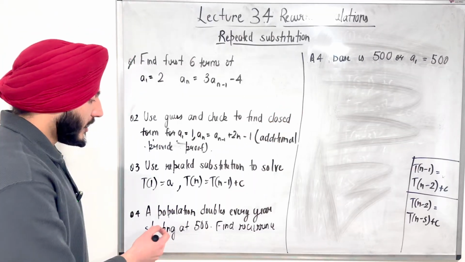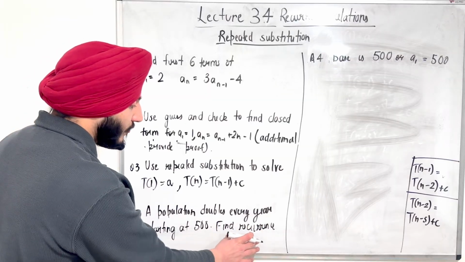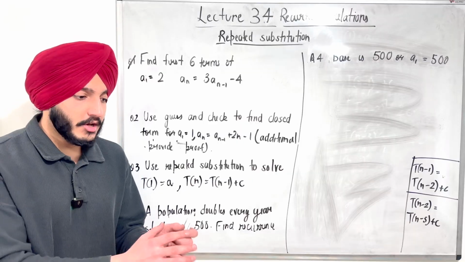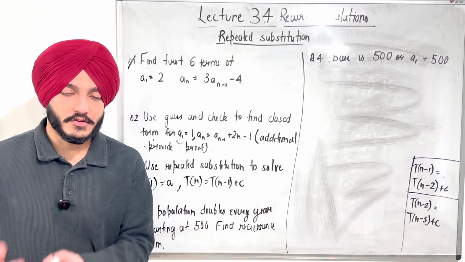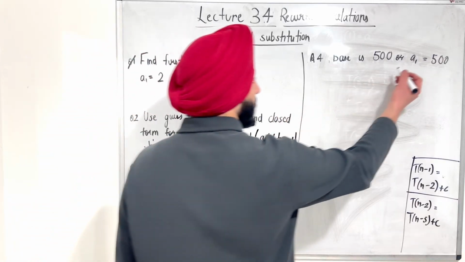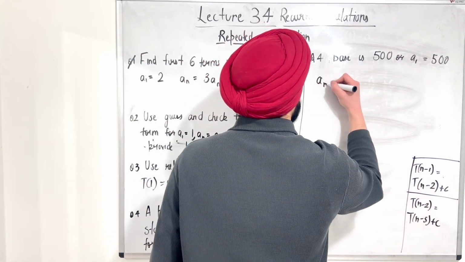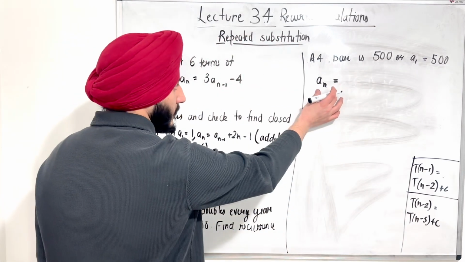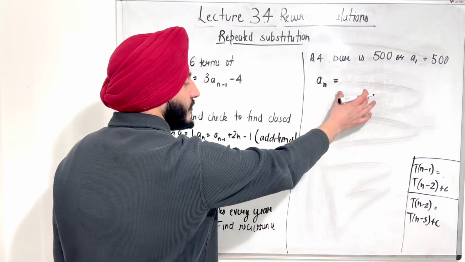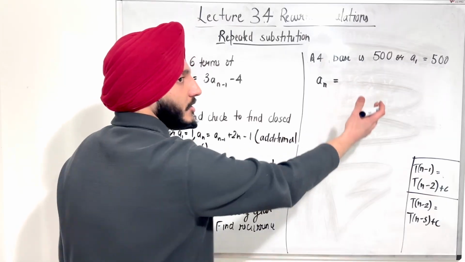Population doubles every year and we need to find a recurrence relation for it. Once again, what is a recurrence relation? Every term is defined in terms of its previous term. And think about this. If I have A1 equal this, for some year An, how do you think we should define it in terms of its previous year?